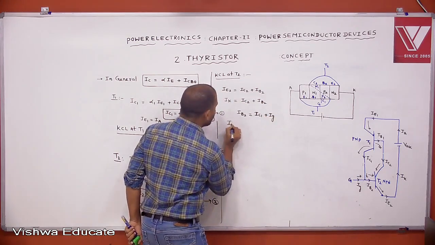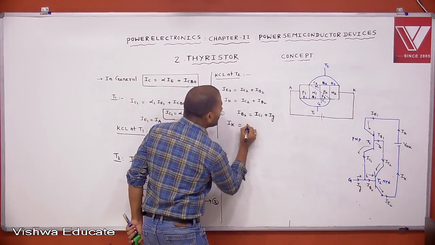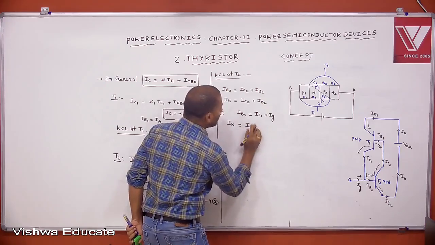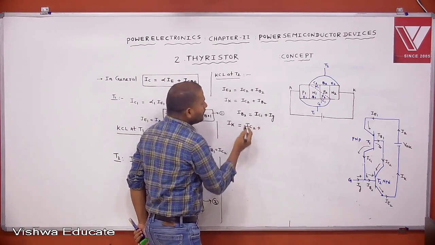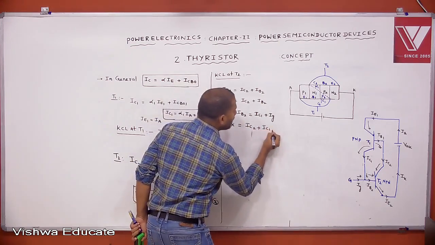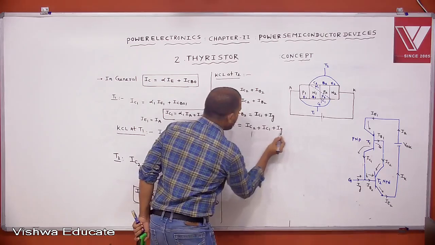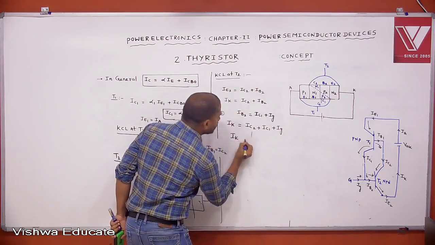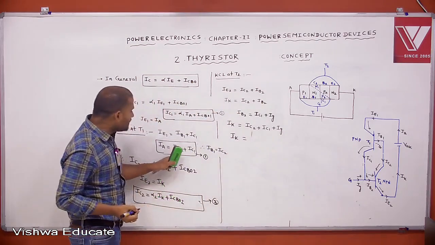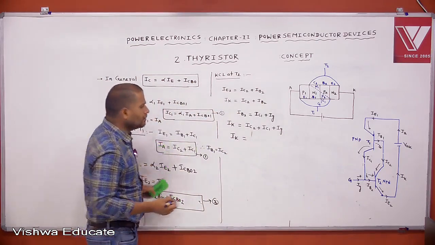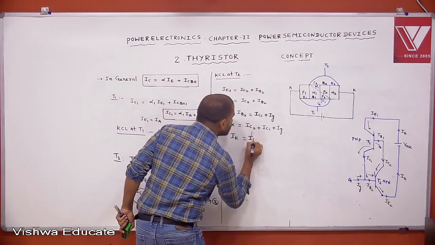Then IK equals IC1 plus IC2 plus, what is IB2? You substitute IC1 plus IG. Then IK equals IC1 plus IC2 plus IG. What is IC1 plus IC2? This IC1 plus IC2 equals IA. Yes, this is IA.